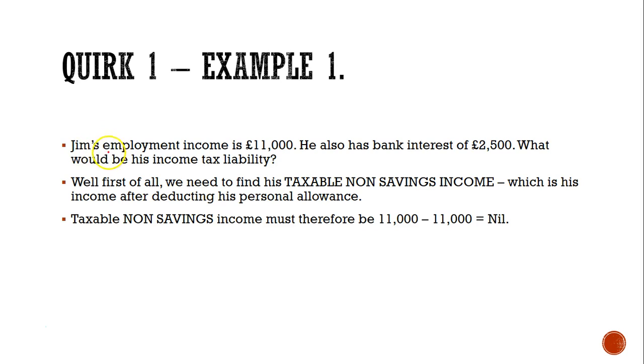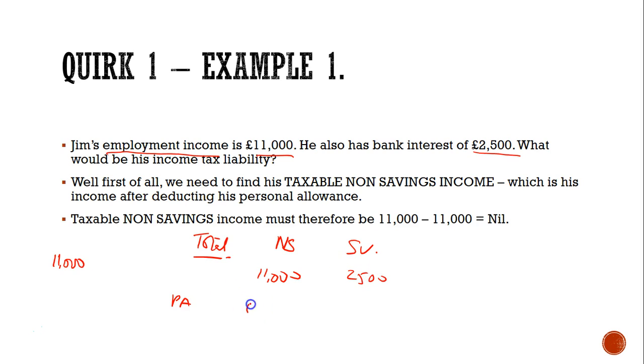So imagine Jim has employment income of 11,000, and he also has bank interest of 2,500. What would be his income tax liability? First of all, he has this 11,000, and then he has a personal allowance. We'll look at tables, because the tables are so helpful. We have total, non-savings, and savings. So he has 11,000, we have the personal allowance, and then we have 2,500 here.